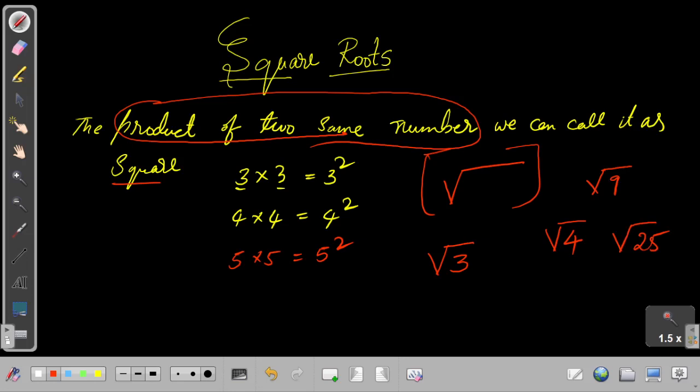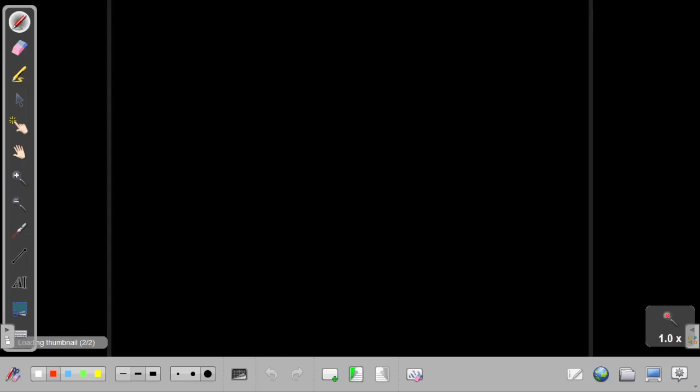So now how do we find a square? If a number is given, how will we find whether it is a perfect square or not? For suppose 26 is given.